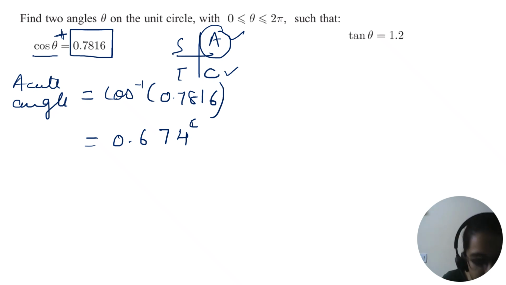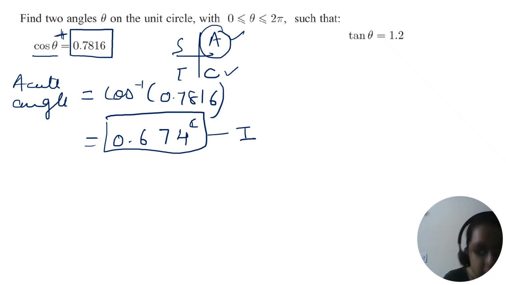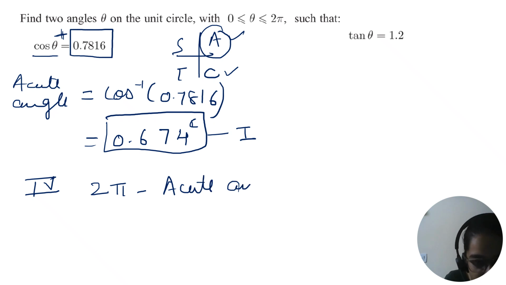So here I have already got, luckily, my value in the first quadrant. Now let's search for the value in the fourth quadrant. For the fourth quadrant, we know any value is given by 2 pi minus the acute angle. Acute angle means the angle in the first quadrant.